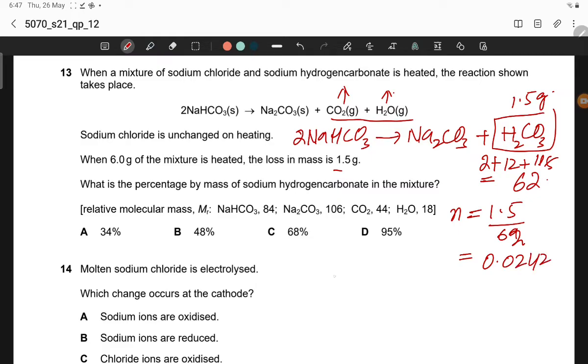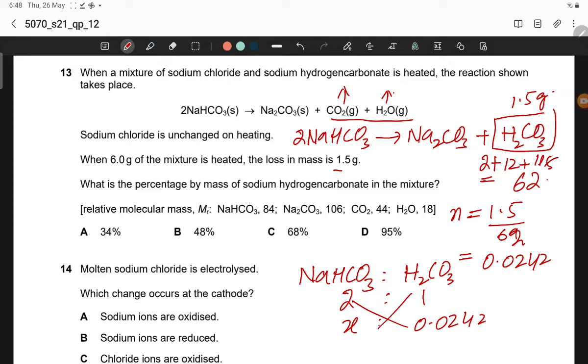Now mole ratio NaHCO3 to H2CO3 is 2:1, and moles of 0.0242 ratio X. This is equal to 0.048 moles.